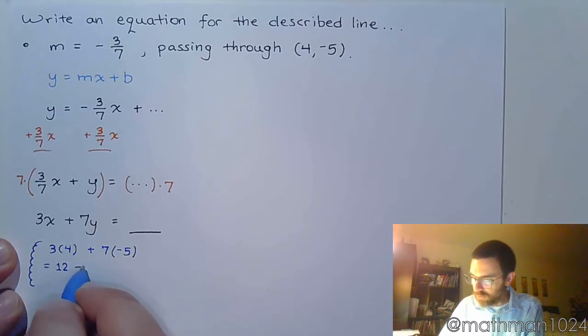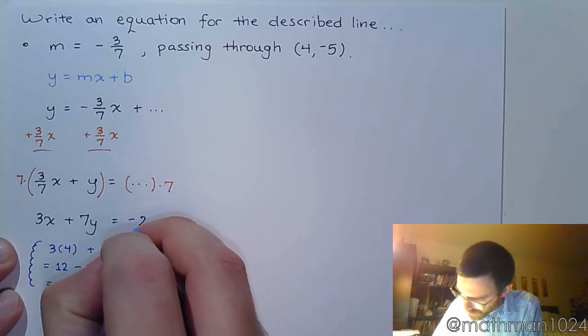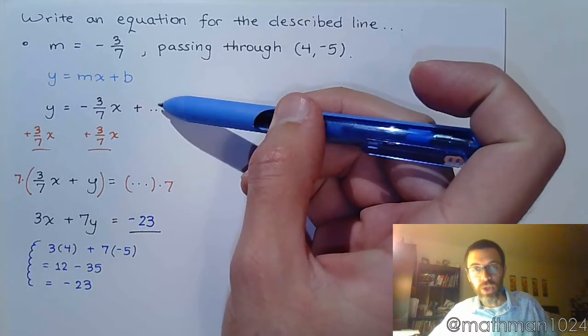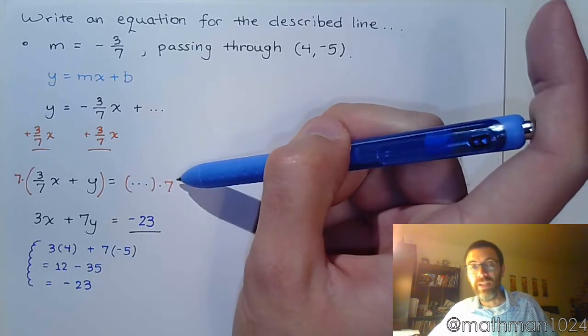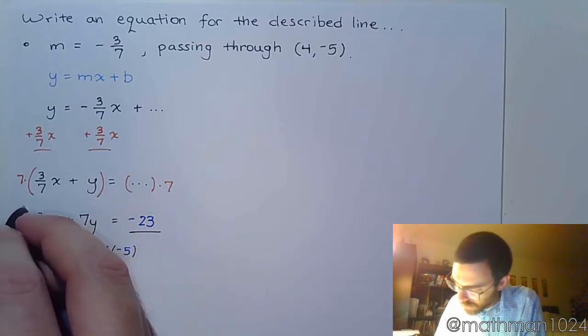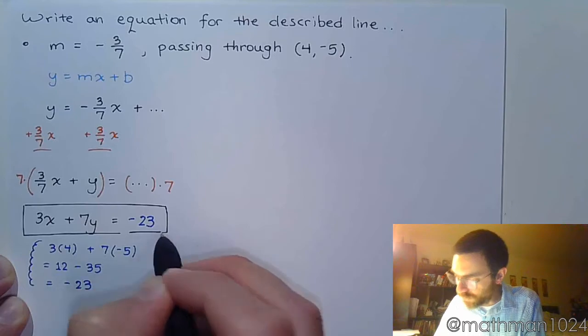We have 12 minus 35, and we get -23. So that is the number that goes on the right side of the equation. Please understand, it's not the number that goes here, because this unknown number ended up being multiplied times 7. So what we have is our answer in standard form.